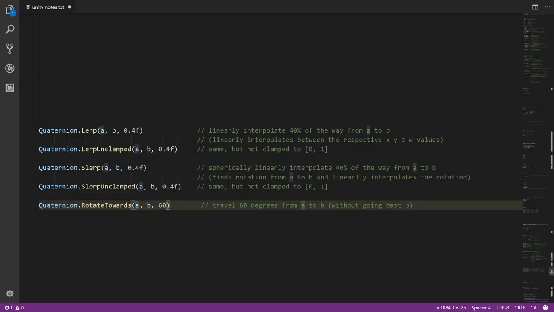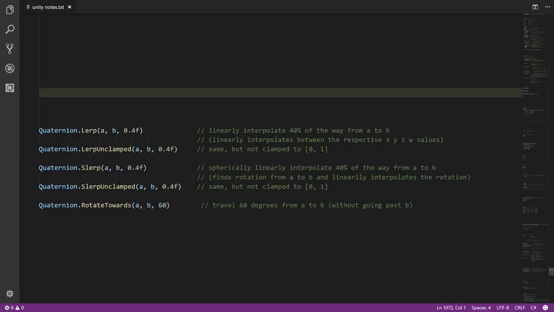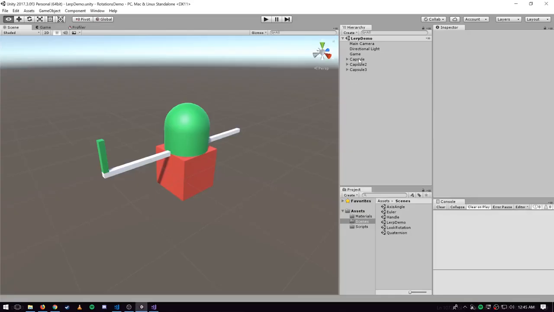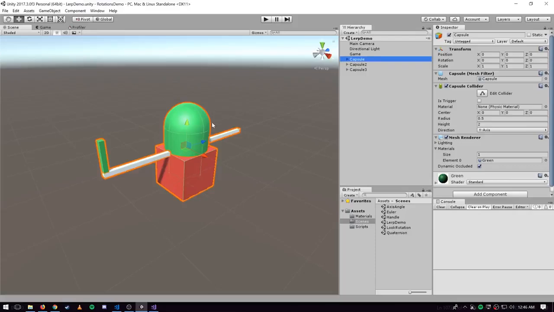In any case, lastly, we have rotate towards, which is like slerp, but instead of expressing the amount we want to interpolate by in terms of some percentage, we just say that, well, we want to go from A to B. We want to get the rotation between them and travel some distance along the way. But the amount we want to travel, we express in terms of degrees rather than percentage.